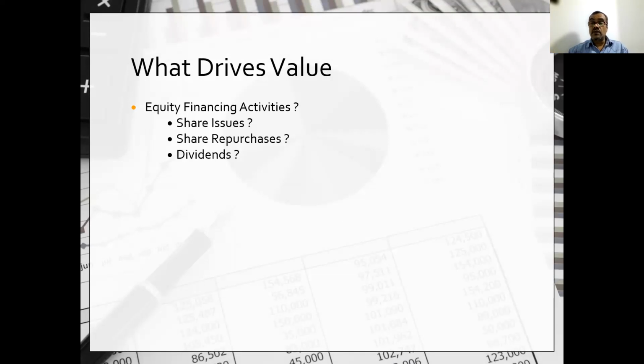So very easily you can refer to the statement of cash flows. The statement of cash flows discloses information about three different types of cash flows: operating cash flows, investing cash flows, and financing cash flows. The reason is that they are the three big baskets of operations that any entity can have.